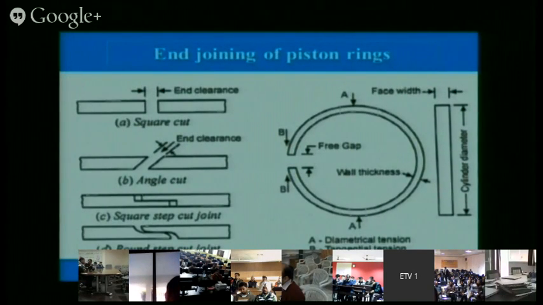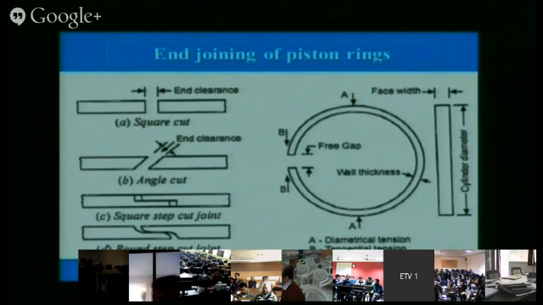If we see a piston ring, a typical schematic diagram is being shown. The two ends of the piston ring are supposed to be connected, but space is given. Various types of end joints are possible.